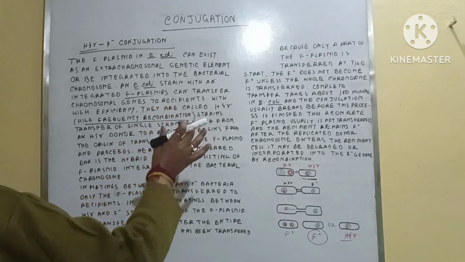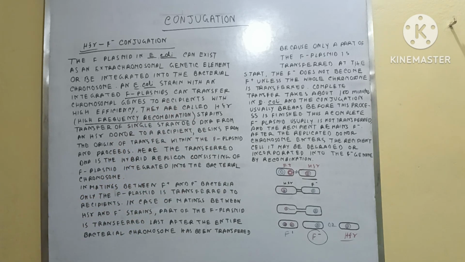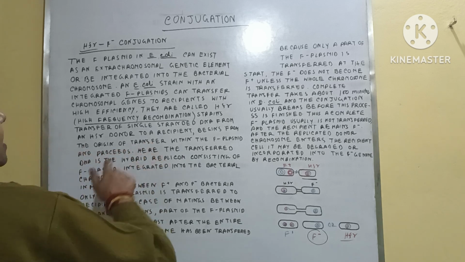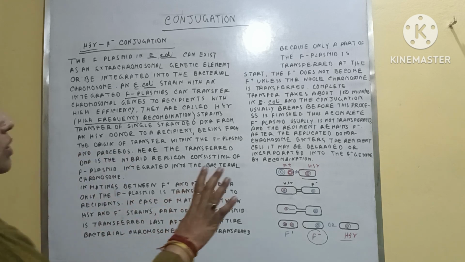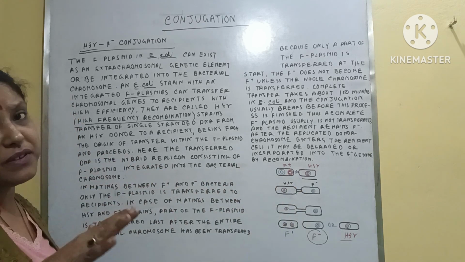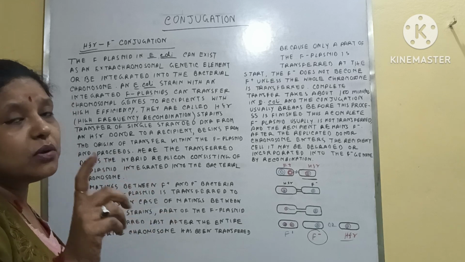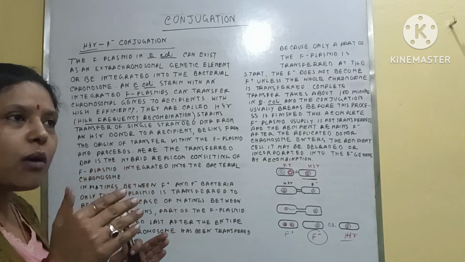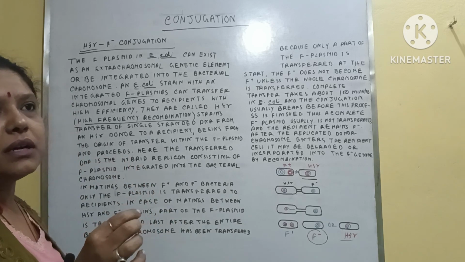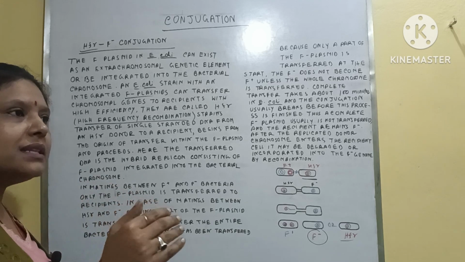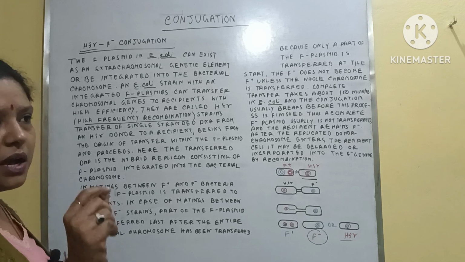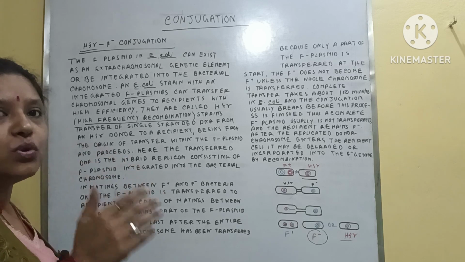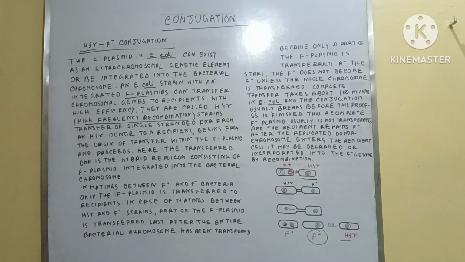I explained the origin of transfer in my previous video. You can check it out: it is where the nicking of the strand occurs and the transfer of DNA starts. This is called the initiation area, or the origin of transfer region.